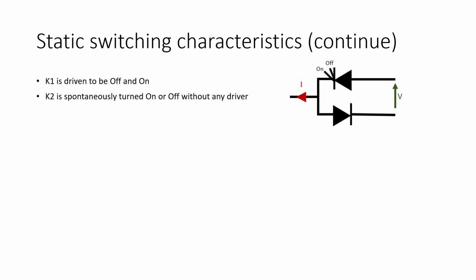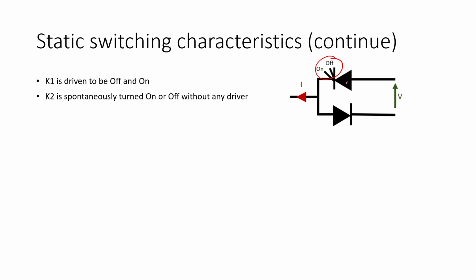And here again you have two branches, and one of them can be driven to be on or off. So this symbol represents that you can control it to turn on or to turn off, right?